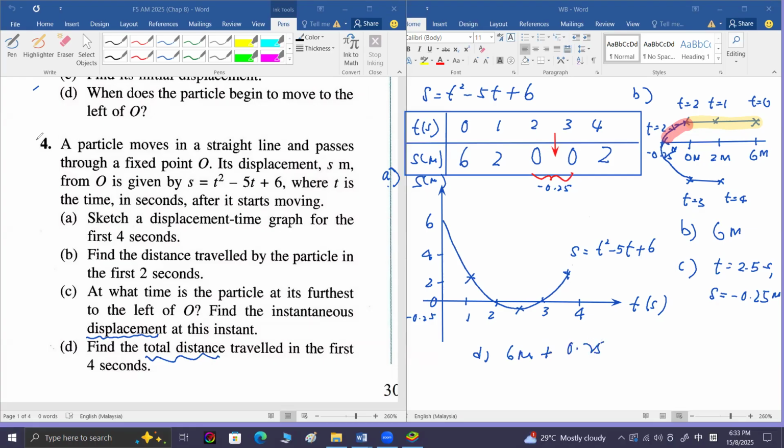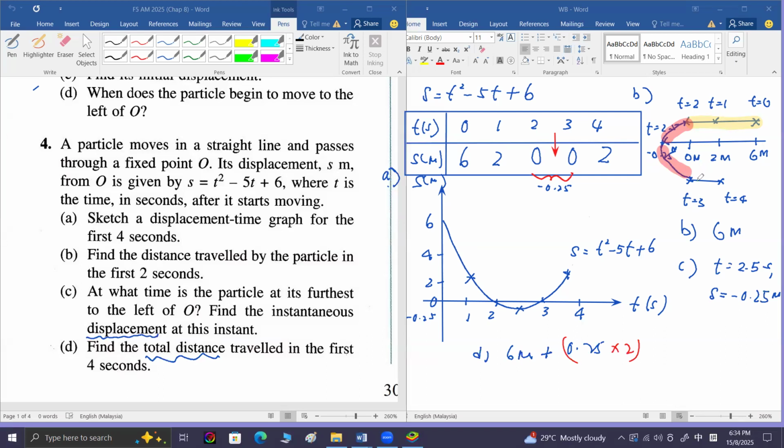Then this one also 0.25, right? So class, that means 0.25, I make it times 2. Or you can write 0.25 plus 0.25, doesn't matter, yeah?